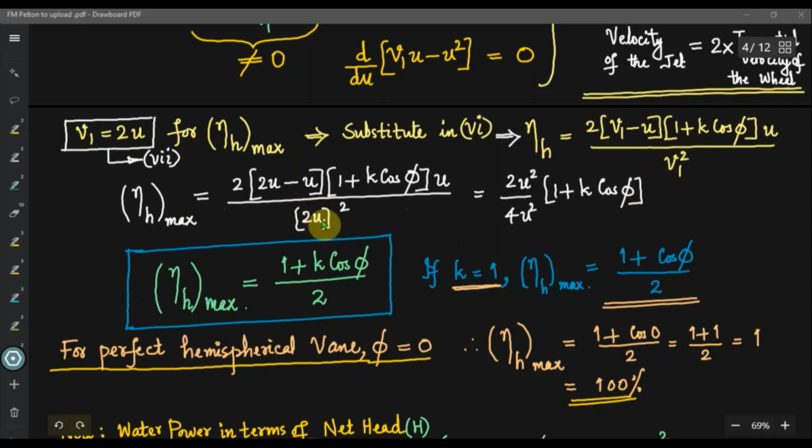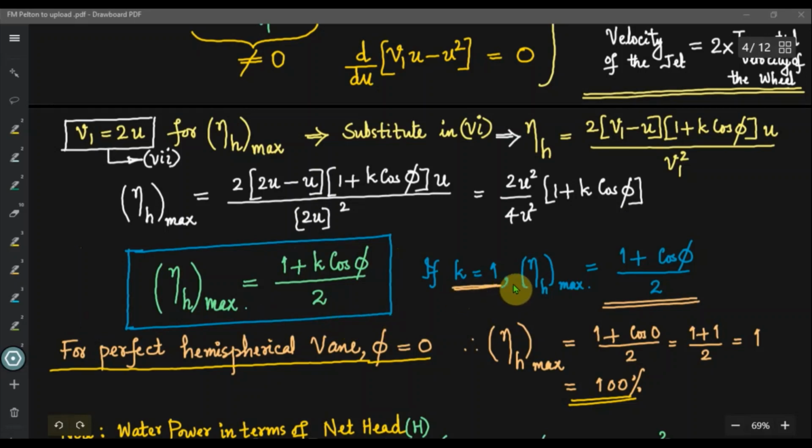Instead of that you write 2u whole square. So what you get is, on simplification, 2u square by 4u square into 1 plus k cos phi. And u square will be cancelled, and on simplification, you will get 1 plus k cos phi by 2.